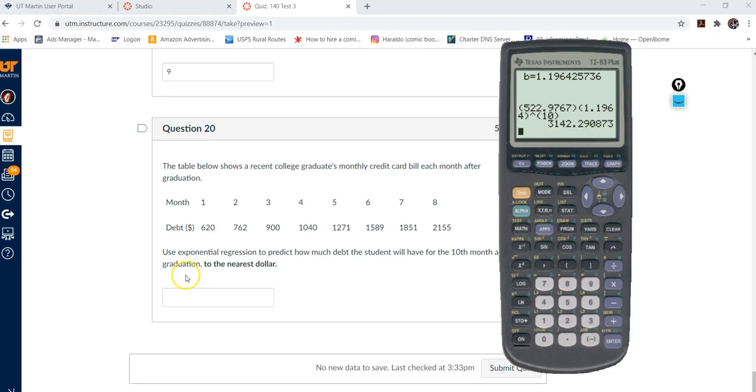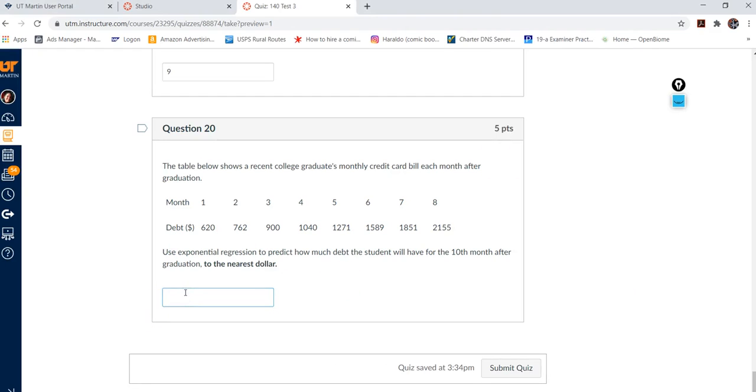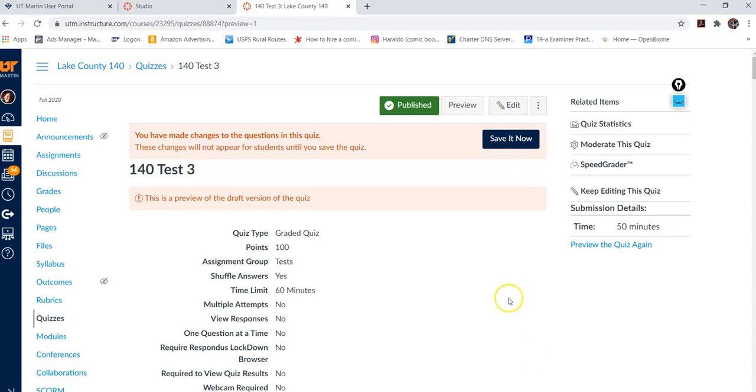Now, at the end, round it to the nearest dollar. And because this is a 2 here, then this will not go up. So it will be 3142. It didn't tell me to use a dollar sign, so I'm just going to use that. Okay, so if I haven't made any mistakes, then that should be my result.